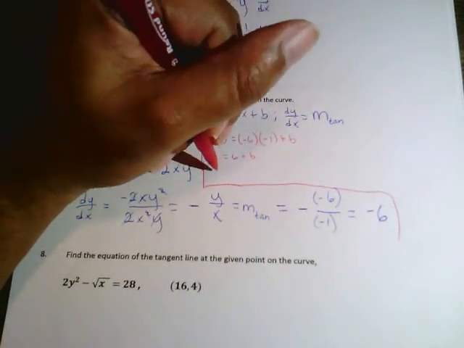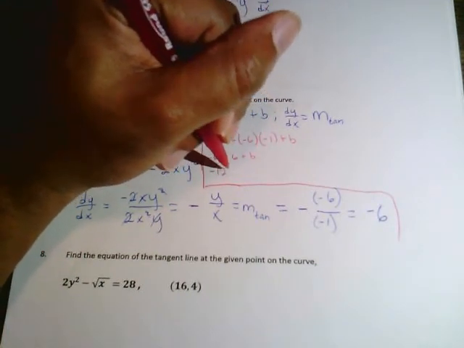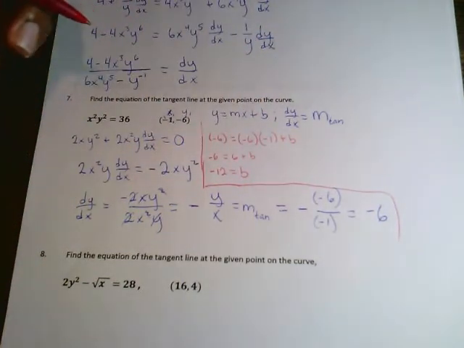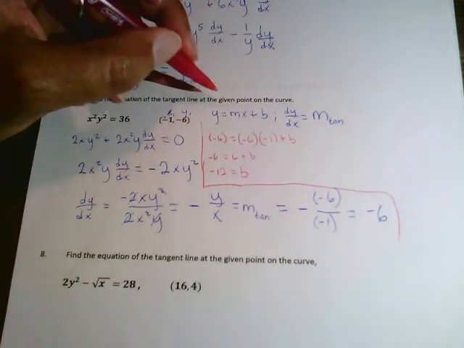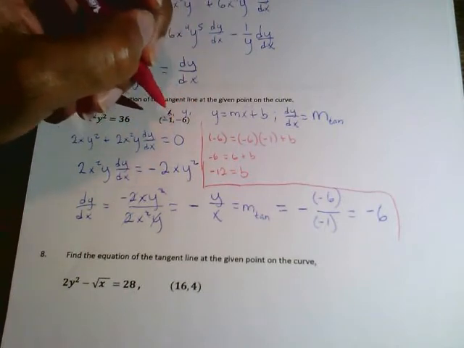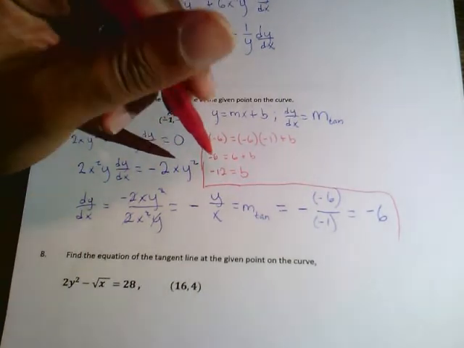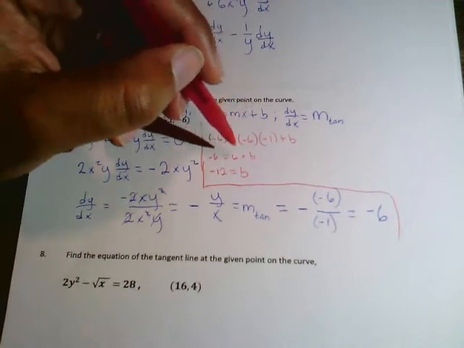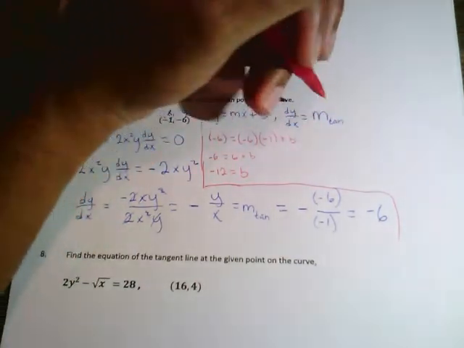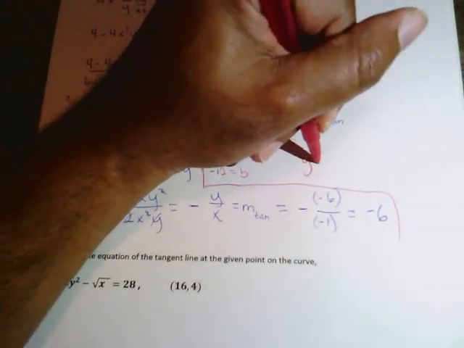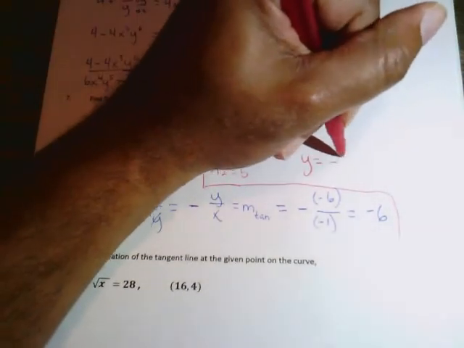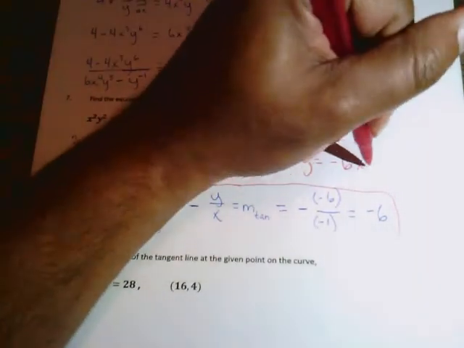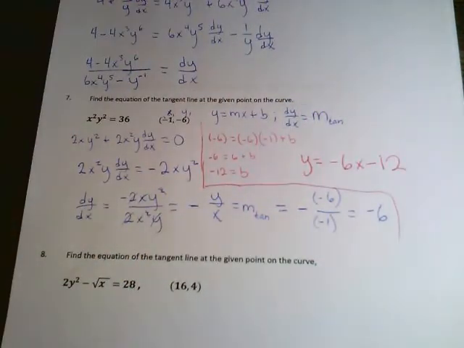So if you subtract 6 from both sides, b is going to be negative 12. So then for our equation of the tangent line at this given point, we plug in our slope, we plug in b, and we'll get y equals negative 6x minus 12.